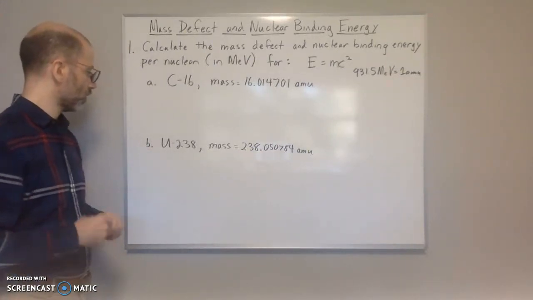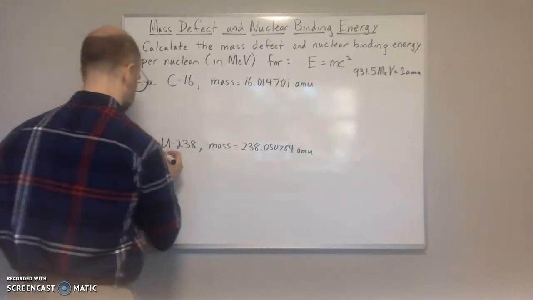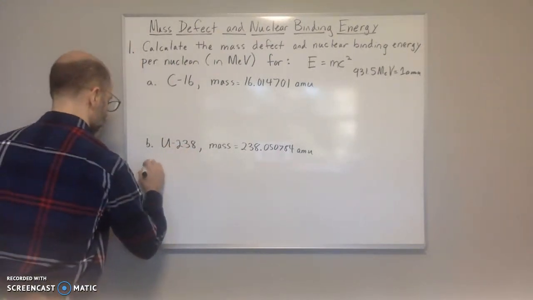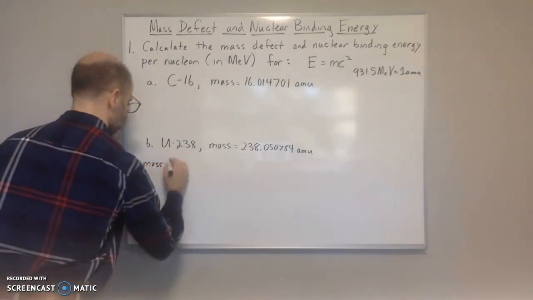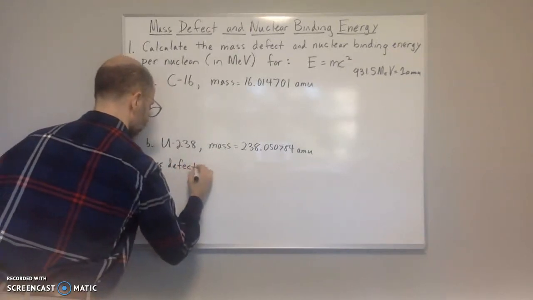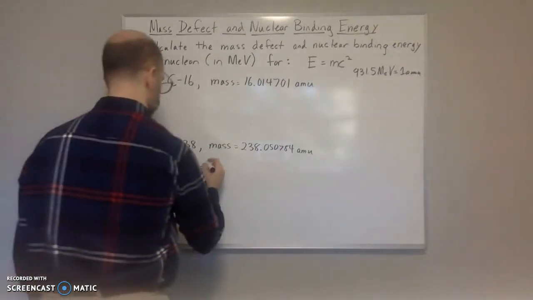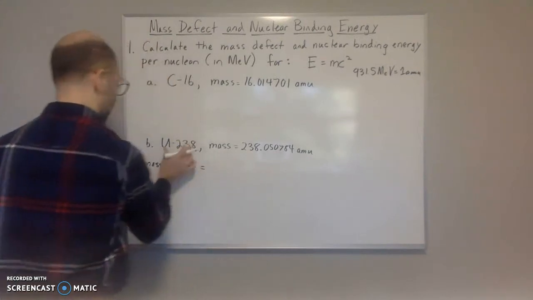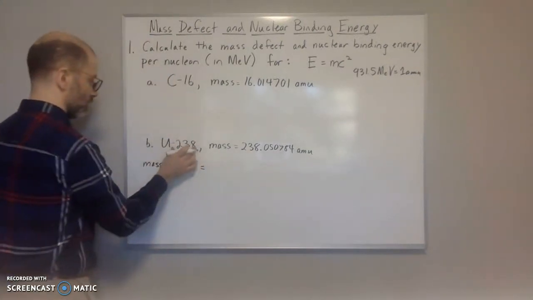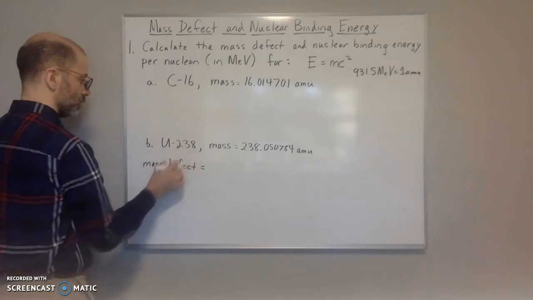So we're going to find the difference. The mass defect here is going to be equal to the mass of the neutrons plus the protons.